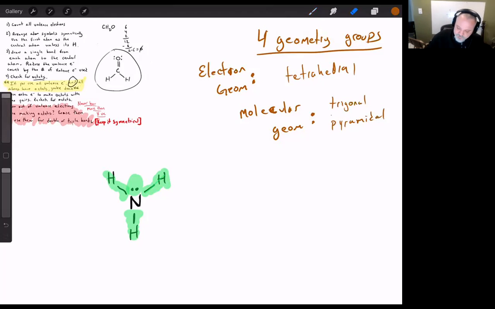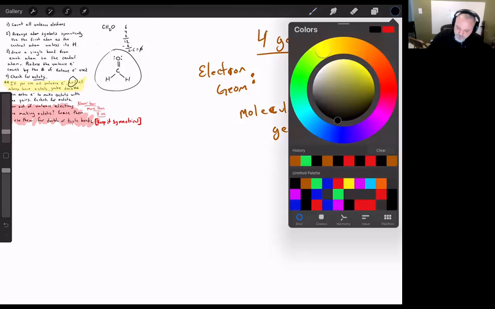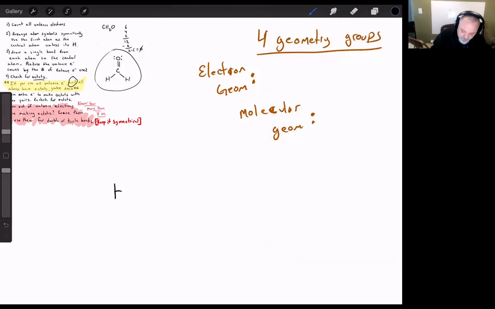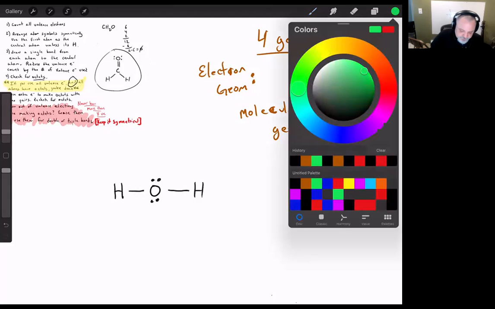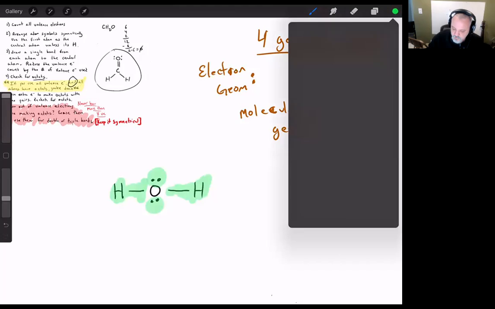Okay, let's keep going. Let's get another example that I had today. How do I sort out the geometry? Here's another example that I used. I said, what about water? How many geometry groups are in the water? 1, 2, 3, 4.